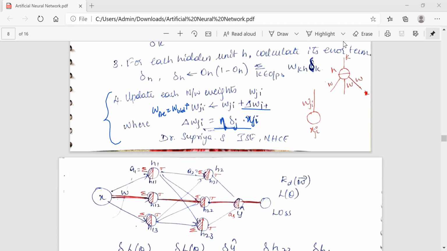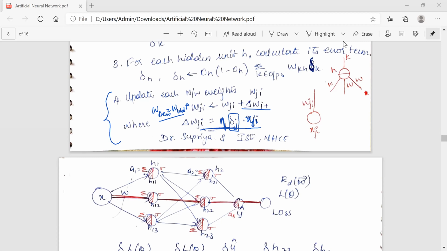There are three main important steps that we perform while doing the backward pass to identify the errors. The first is the training rule with respect to the output unit, the second is the training rule with respect to the hidden unit, and the final is the weight update for each and every weight, using weight new is equal to weight old plus delta, the change in the weights. The change in the weights is the learning rate into delta J into xji.